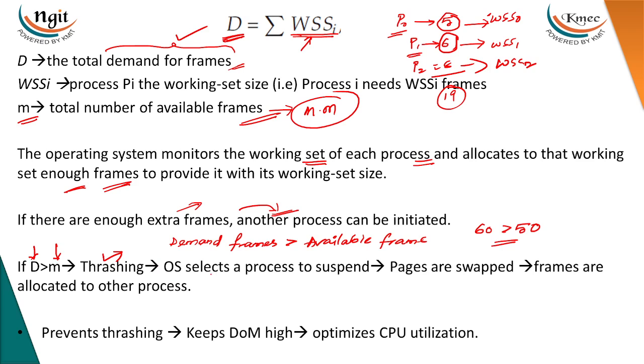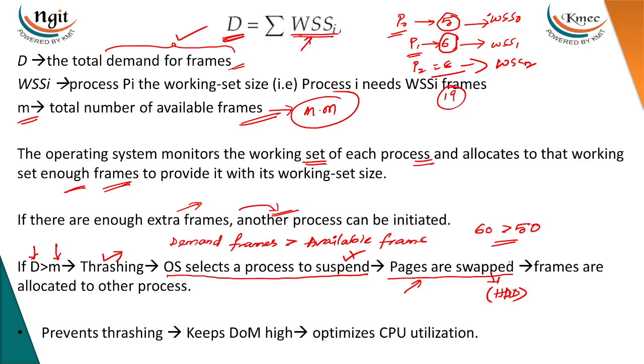Now what will happen in the working set model? The operating system will select one process and suspend that particular process. After that, the pages that belong to that process will be swapped out to the hard disk drive, that is the backing store.